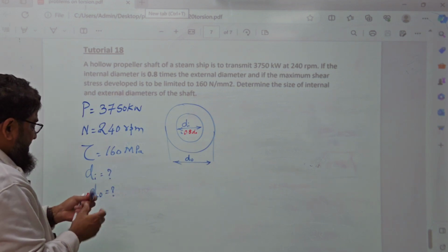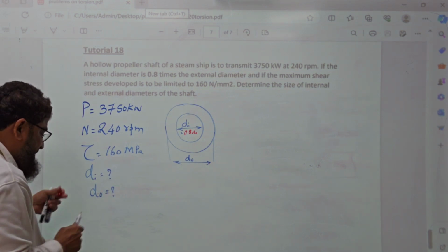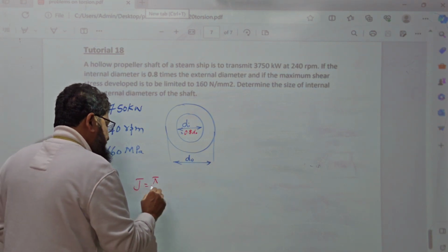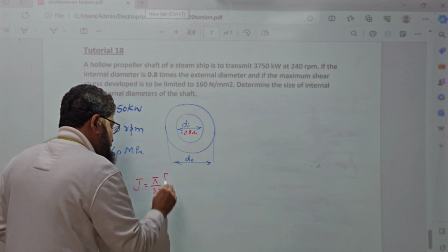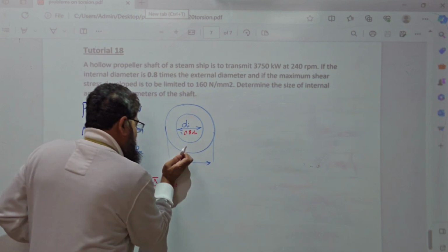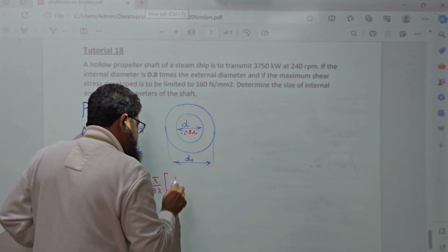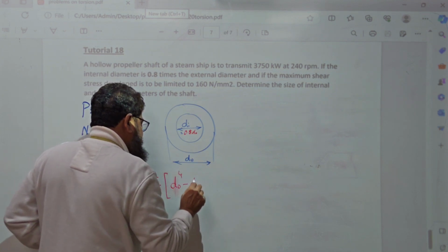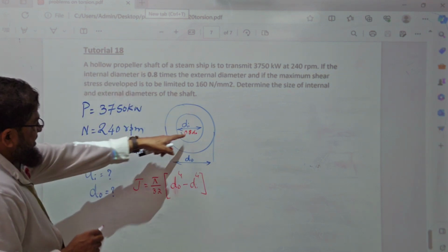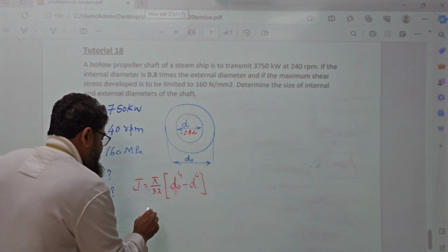Okay. First, let's try to find out J. What is J? J is equal to pi by 32 into D naught to the power of 4 minus Di to the power of 4. Di is given as 0.8 D naught. Let's write it.